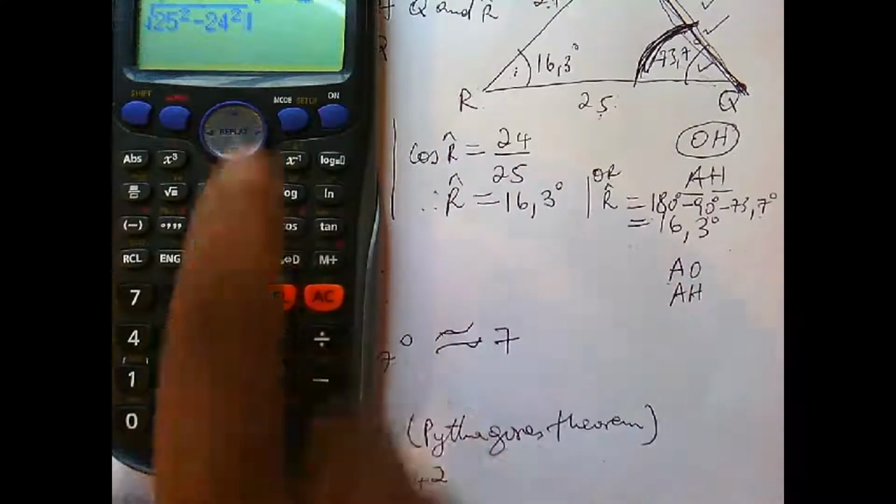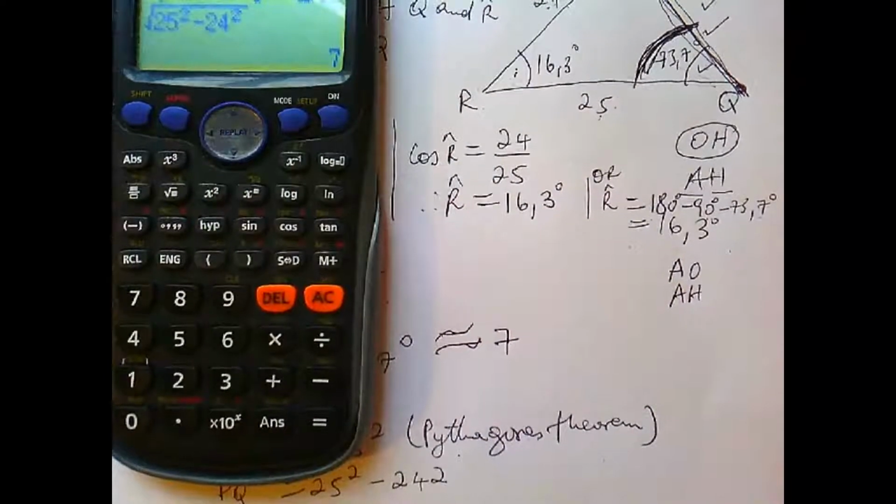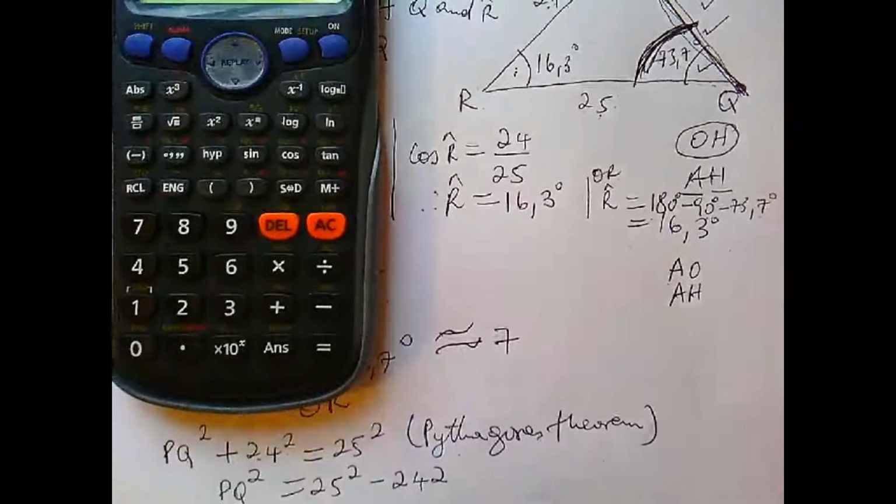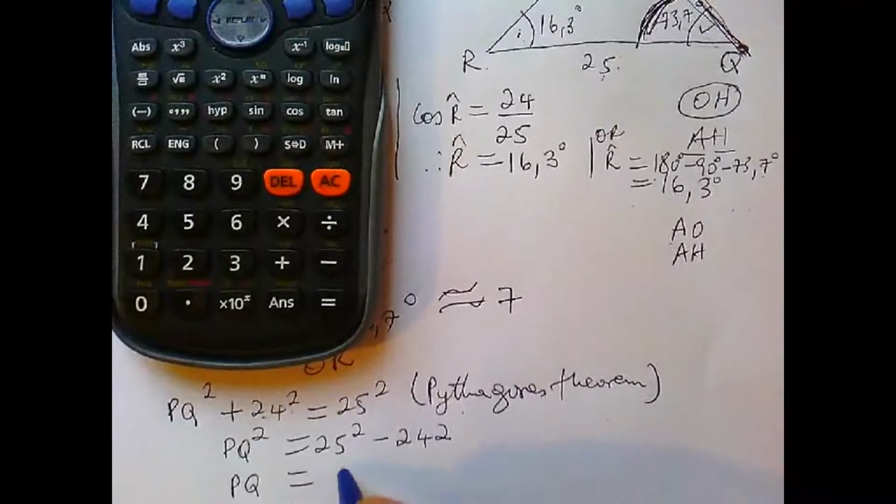That will be your answer there. And then your answer will obviously be equal to 7. So your answer for PQ will be equal to 7, right?